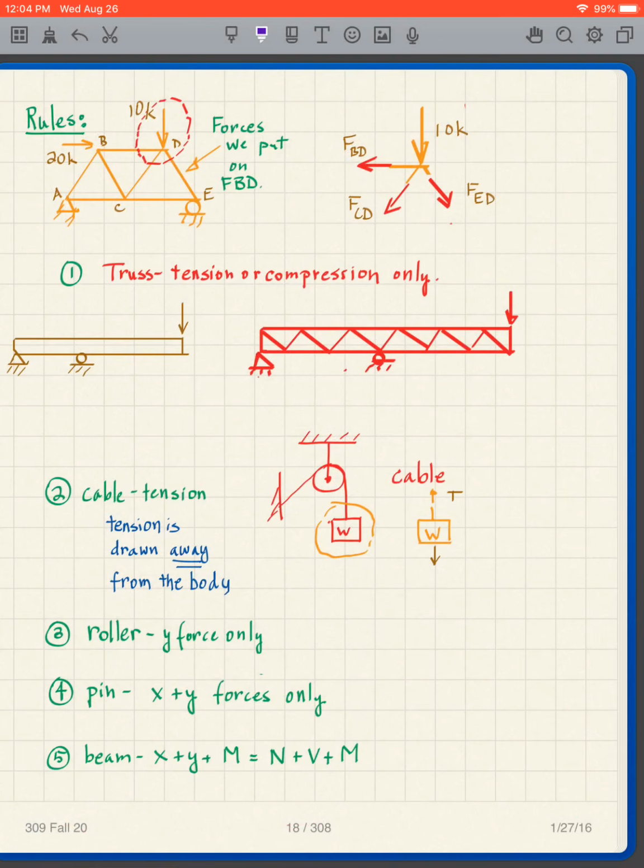When we have our cable, the tension in the cable was constant. In other words, the tension here is the same as the tension there, is the same as the tension there. We didn't have to worry about where the cable is going to break because the tension, in theory, is the same everywhere. So we didn't have to draw any sort of diagram to figure out where the greatest tension was.